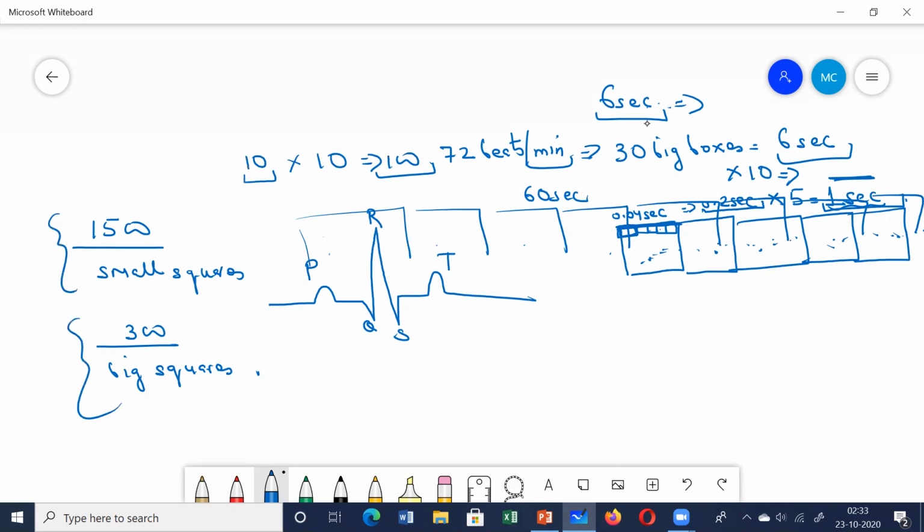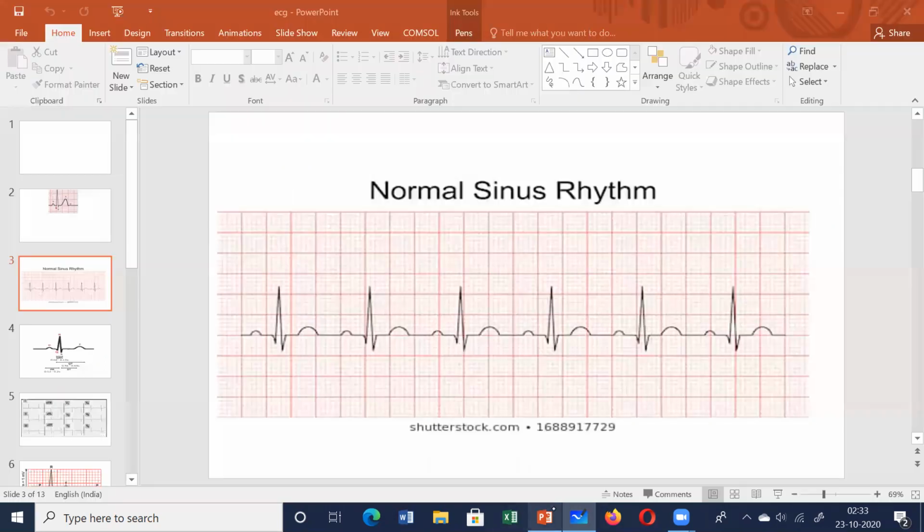You use it if you find that the rhythm is irregular. Next, how will you measure the rhythm, whether it is regular or not? You have to measure the RR interval between 2 successive QRS complexes.